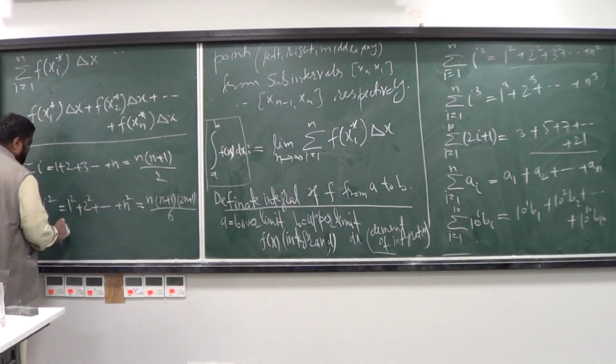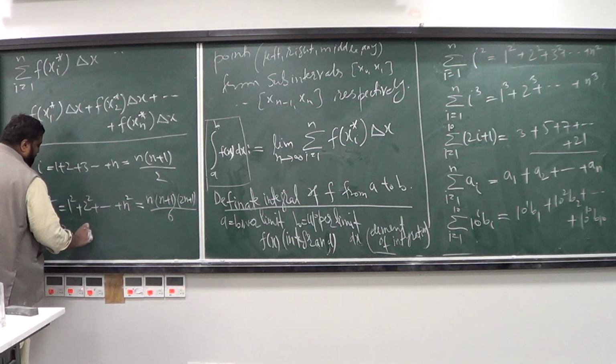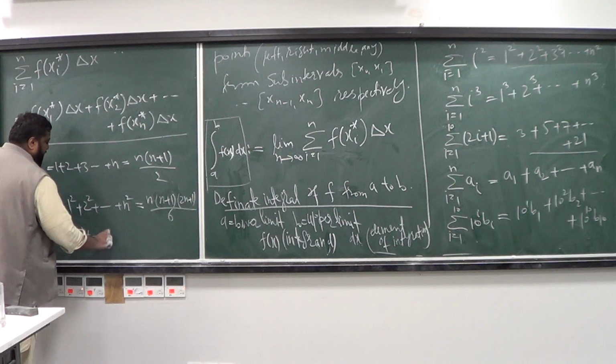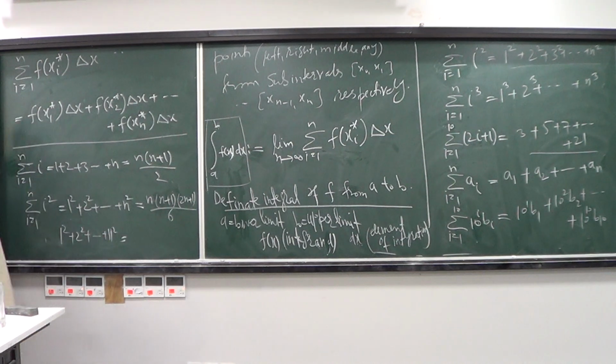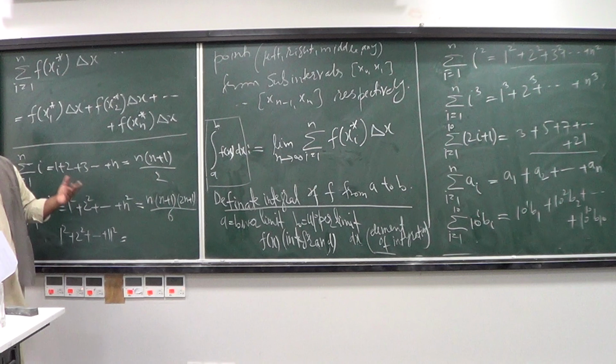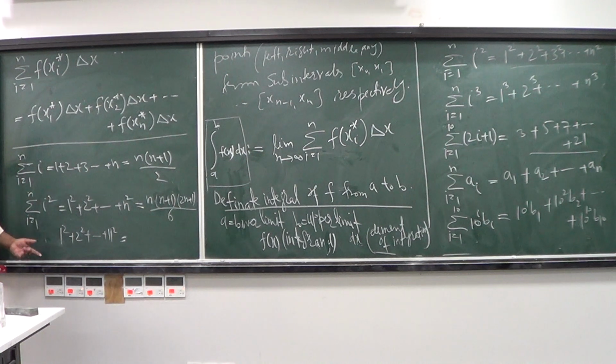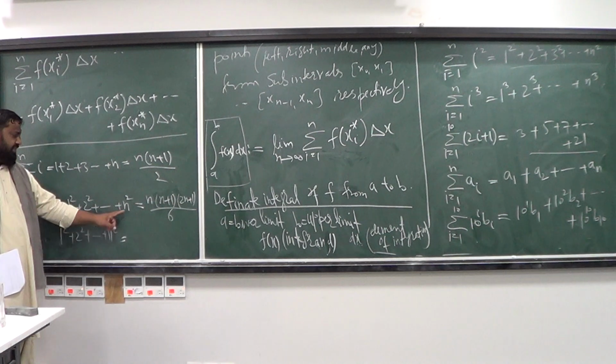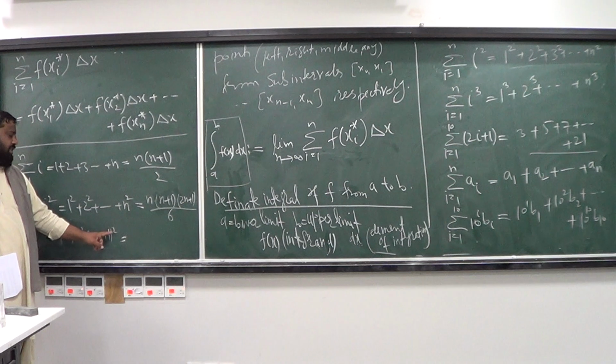For example, if you have to compute the sum 1 square plus 2 square plus up to 11 square, one way is that you calculate the squares and then sum them up, take your calculator and do the calculation. The other is to use the formula. See, the last term is n square, so n must be 11.